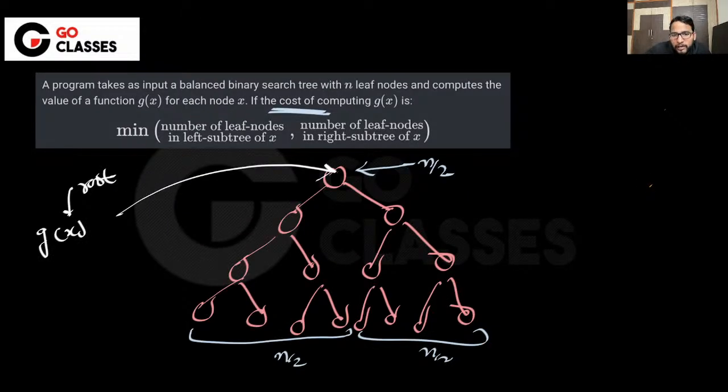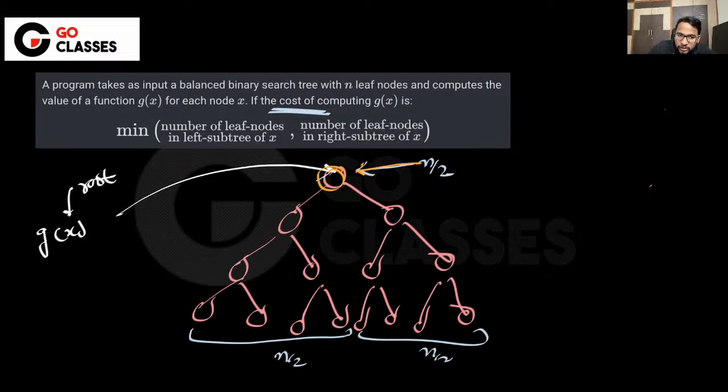Now they're saying you want to calculate gx at this node, at this node, at this node, everywhere you want to calculate the gx, right? And for each node there will be some cost associated with it. Then finally you will be adding all the costs, and that's how you will be finding the total cost.